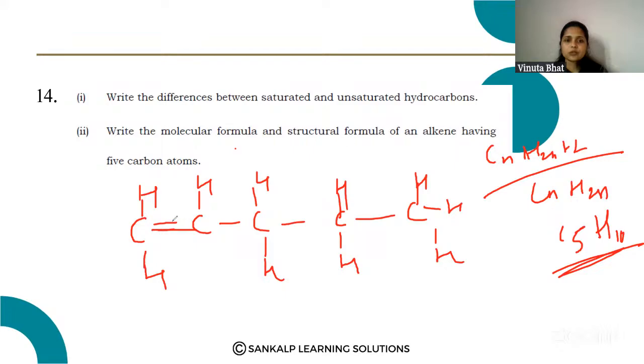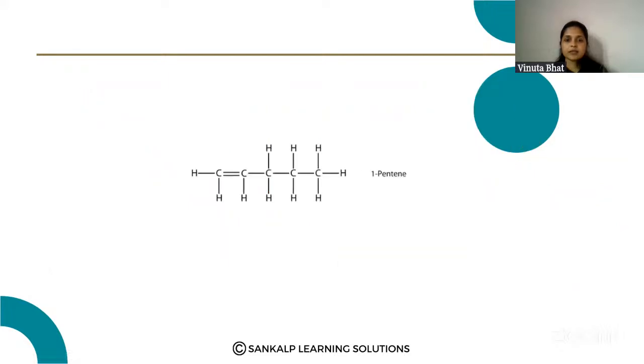This is the alkene because a double bond is there, and a total of 10 hydrogen atoms and 5 carbon atoms are there. So this is the structure of the alkene which has 5 carbon atoms.